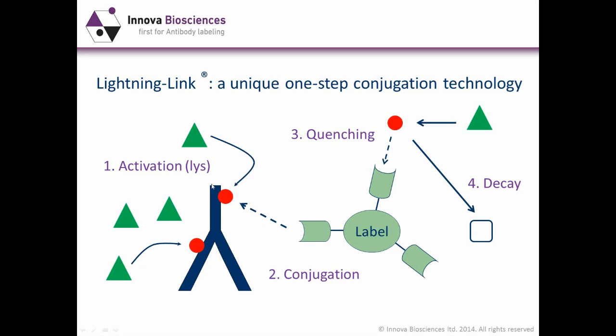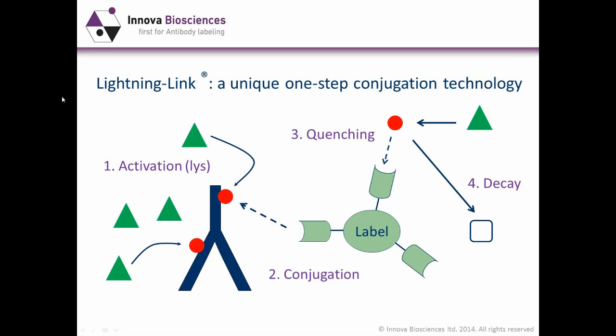Once this has happened, while this is going on, triangles are designed to spontaneously convert into red circles even without the antibody. And these circles can block excess reactive groups on the label once the conjugate's formed. After that has happened, these red circles are actually designed to decay automatically to give a completely benign byproduct, which you don't have to remove.